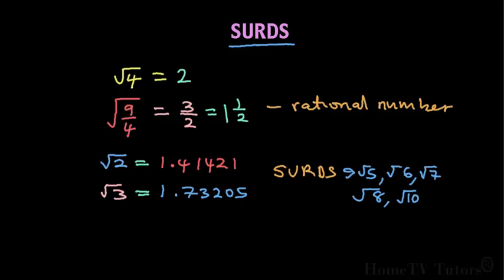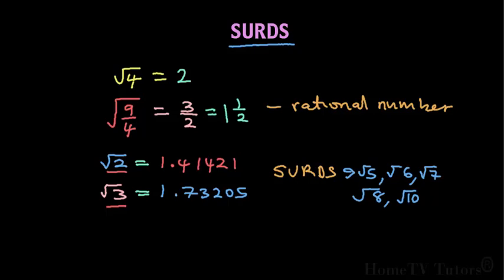Alright, good. So now take note, if a positive whole number is not a perfect square, as we have in the square root of 2 and the square root of 3, they are not perfect squares, so they are called surds.